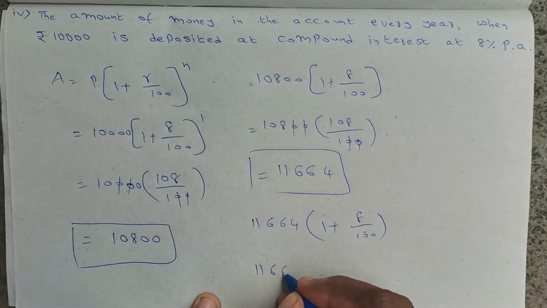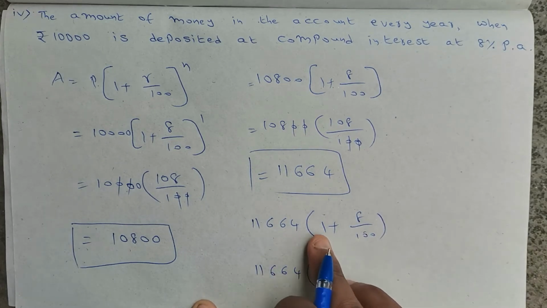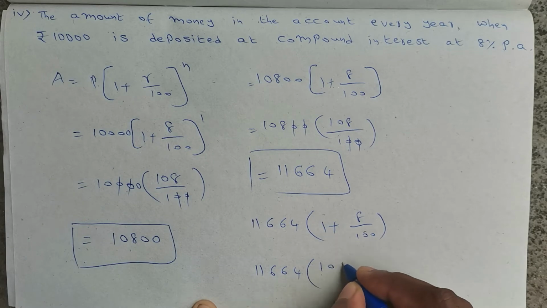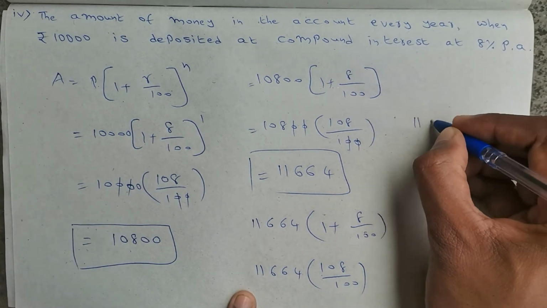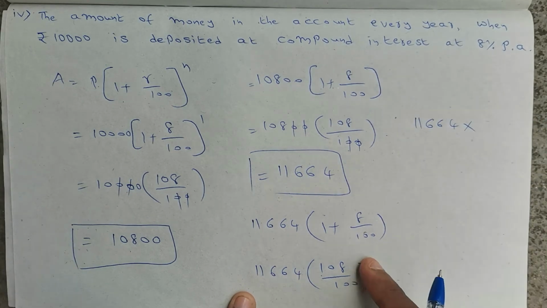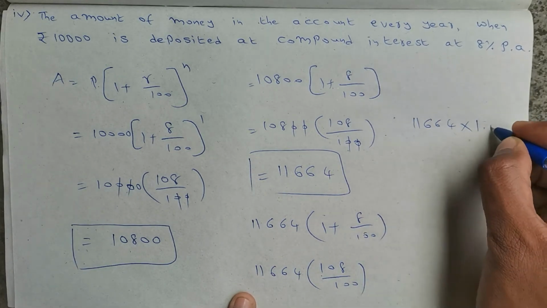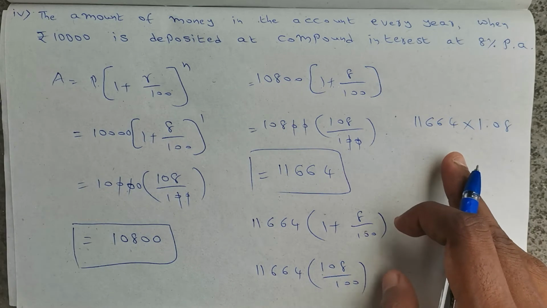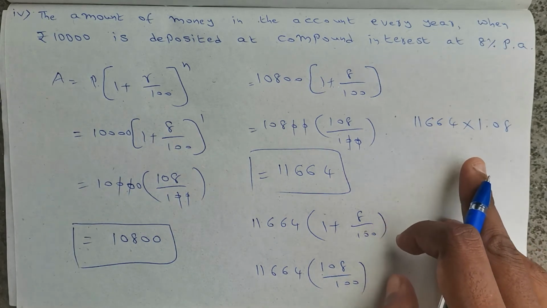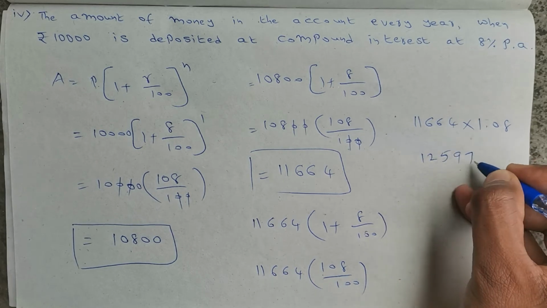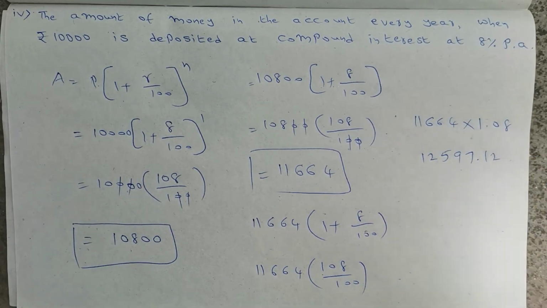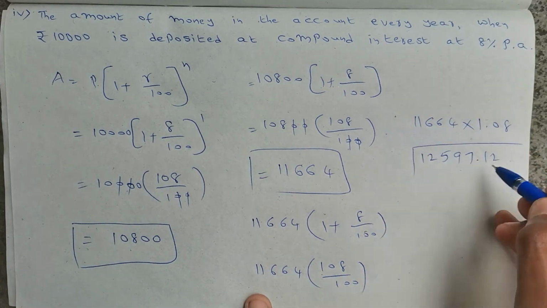So we get 11664 into 100 plus 8, 108, divided by 100. So this 11664 as it is into 108 by 100, 1.08. So 11664 into 1.08 is nothing but 12,597.12.